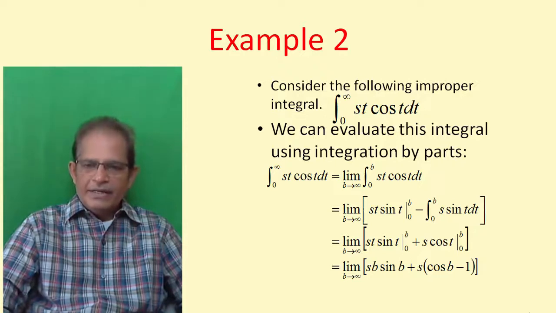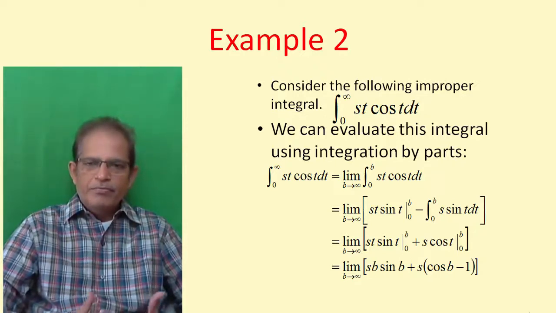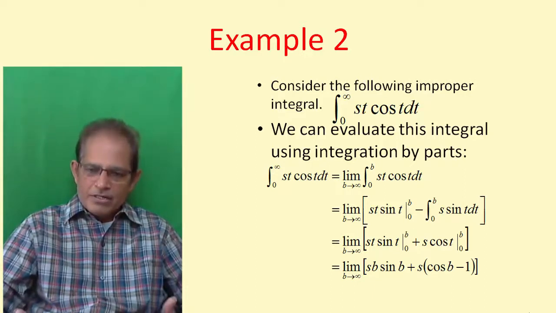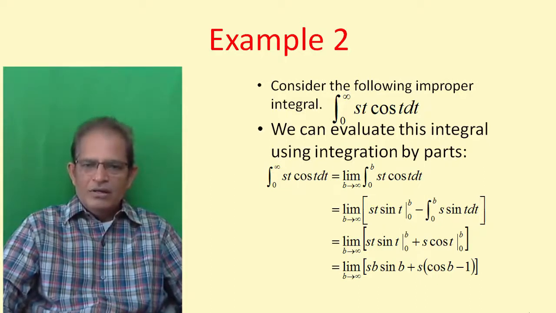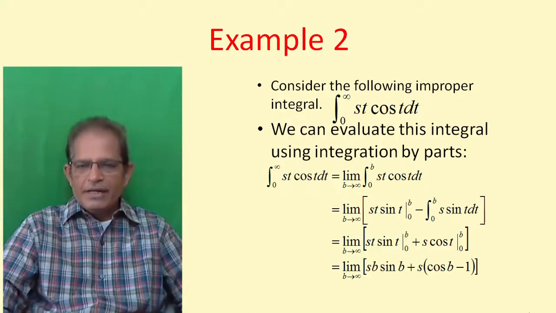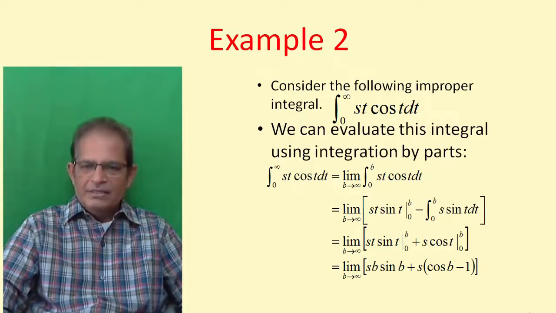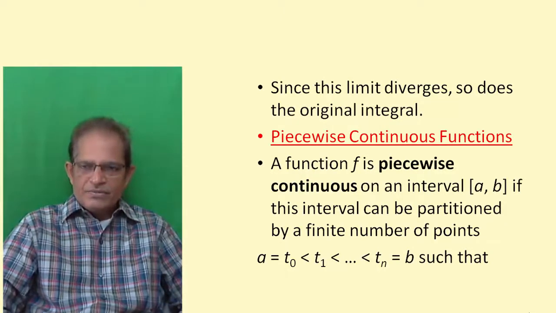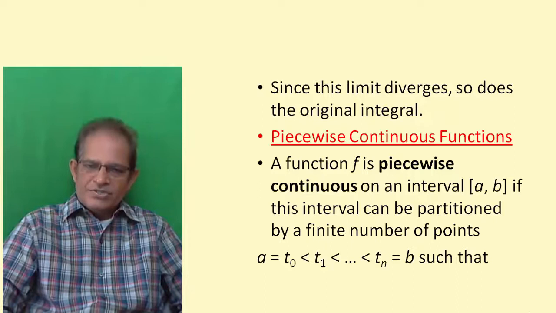When b is tending to infinity, if you simplify this integral by using integration by parts, where the variable of integration is t, so st sin t between limits 0 to b minus integral 0 to b s sin t dt, and further simplification, at the end you get in this slide limit b tending to infinity sb sin b plus s cos b minus 1. Since this limit diverges, so does the original integral.